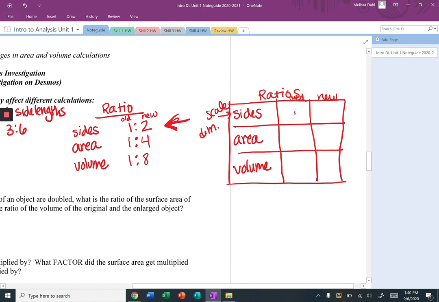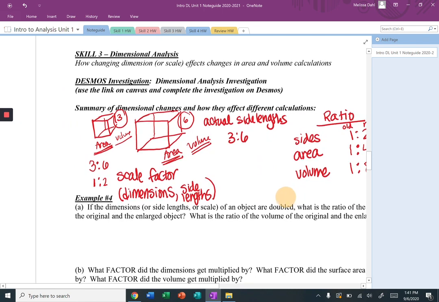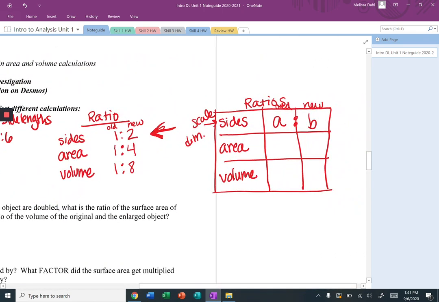What we said is if you knew an old side length and a new side length, and you put those 2 dots between them to make the ratio, you don't know the areas, like in my picture over here, but based on our investigation and the patterns we saw, we know that the area ratio will be like the square of that side length ratio, the square of the old compared to the square of the new. And the volume would be the cubes in those relationships.